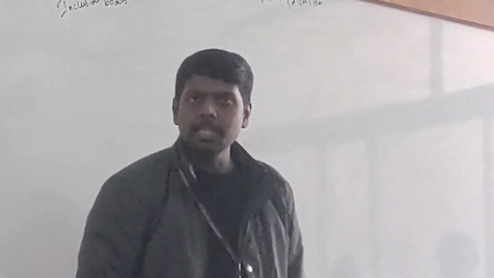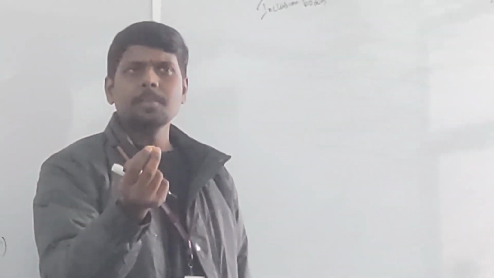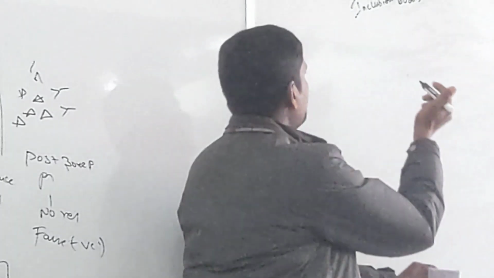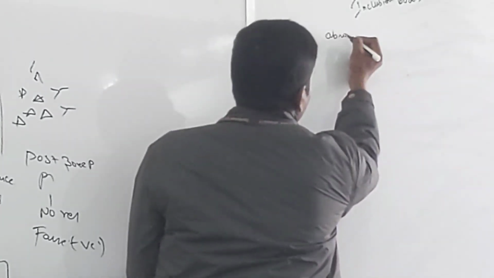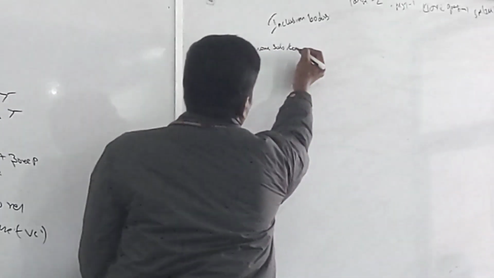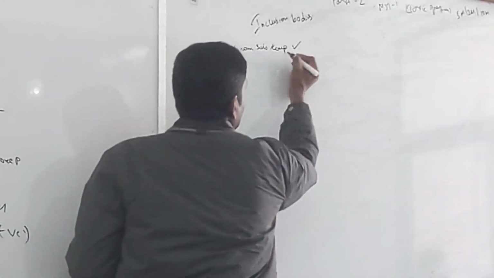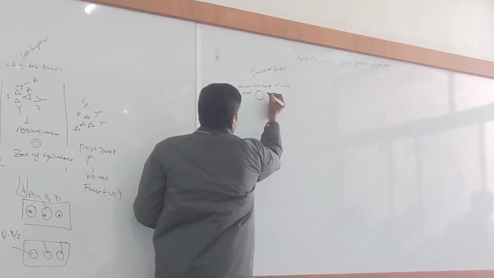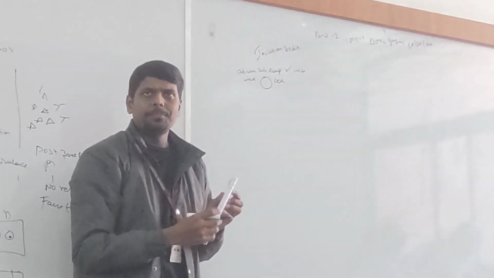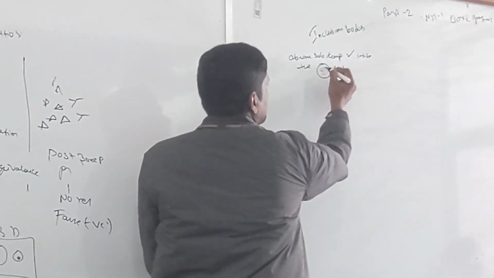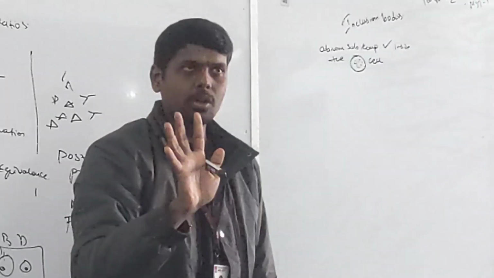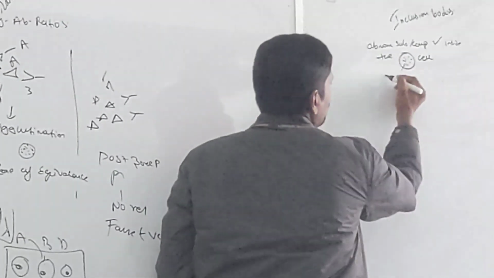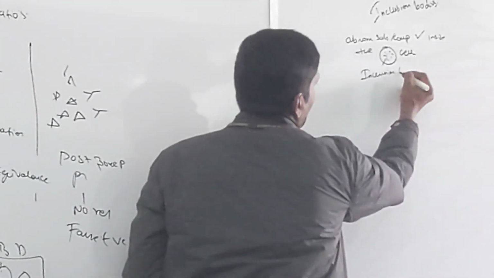Listen, inclusion bodies means these are some abnormal proteins or abnormal structures, components, some abnormal substances present inside a cell, which normally wouldn't be present. Such components are called inclusion bodies.